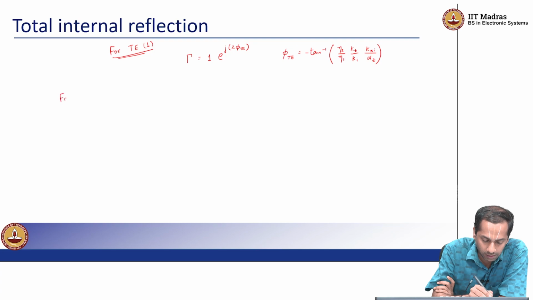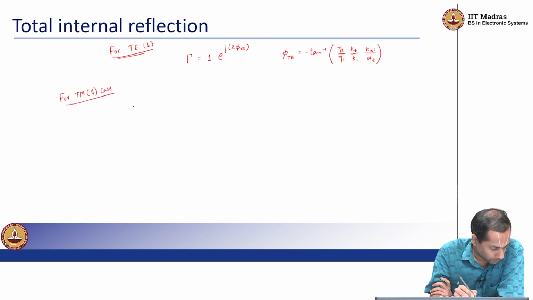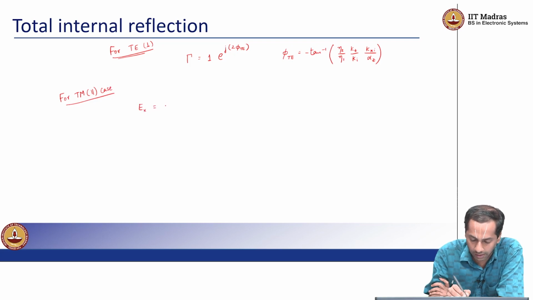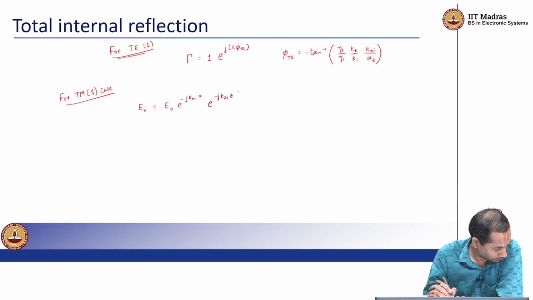So going back to our TM case, we can look at the x component of the electric field. We can say that it is E naught kxix e to the minus j kziz, right, plus gamma times E naught.